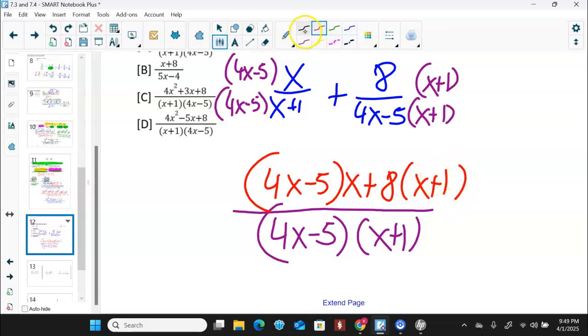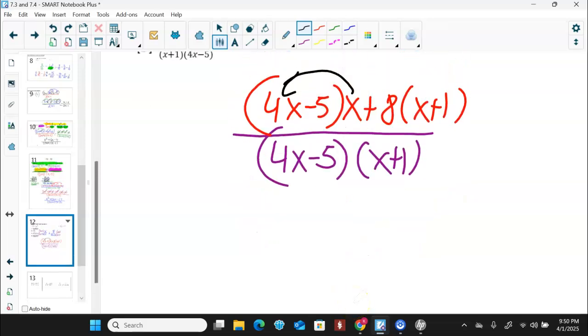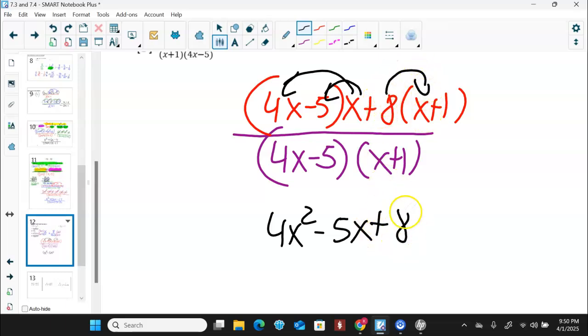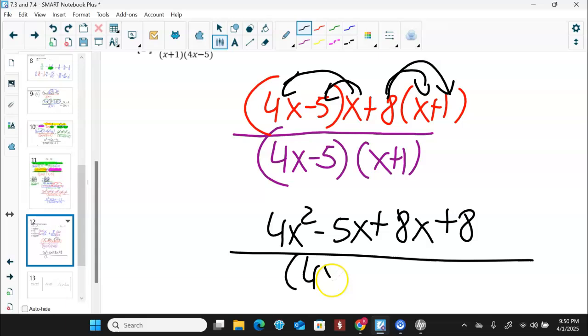Now, once again, we are going to distribute. Your x goes into the 4x, so that's going to be 4x squared. Your x goes into negative 5, so that's negative 5x. Then you got a plus 8 goes into the x, so that's 8x. And 8 goes into the 1, which is 8. And then the bottom, again, just repeats.